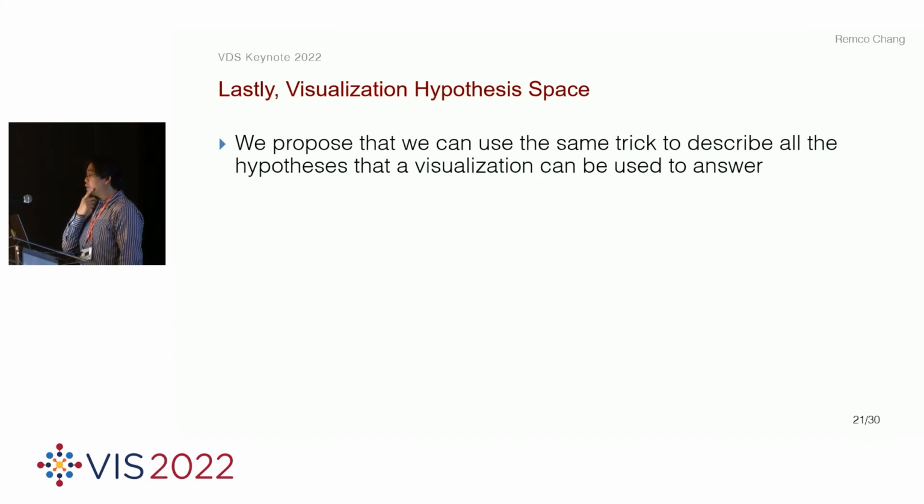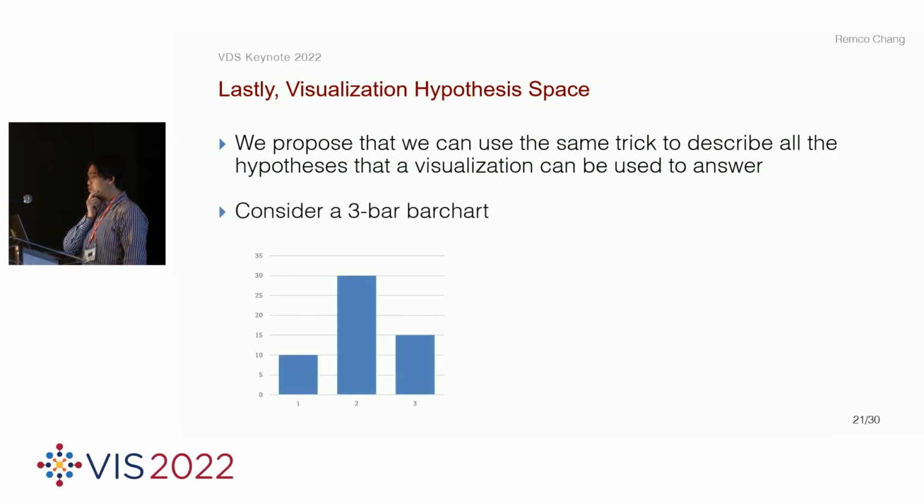Okay, so the last thing, and this is a little bit of hand waving, we're proposing that we can use the same trick to describe all the hypotheses that a visualization can be used to answer. So consider a very simple 3-bar bar chart. If you think about all the questions that I can answer given a 3-bar bar chart, there's not that many things you can ask.